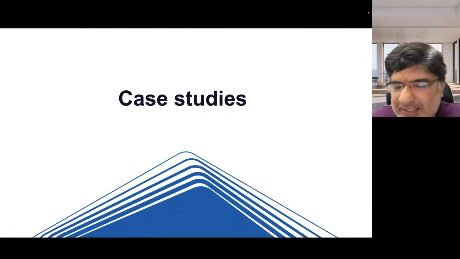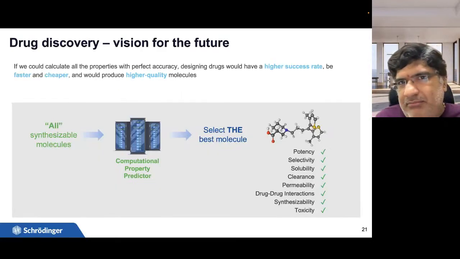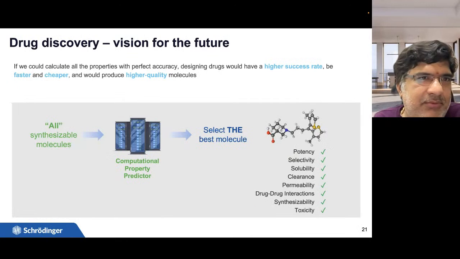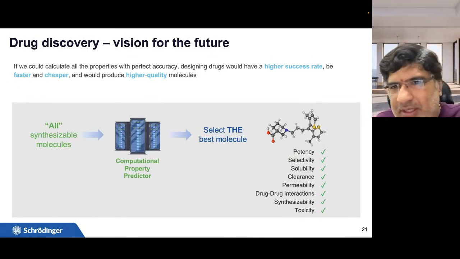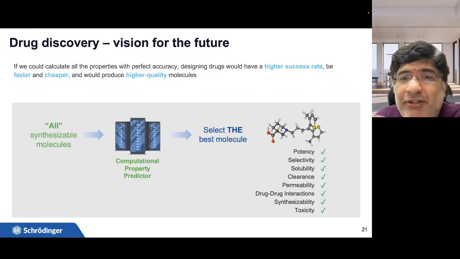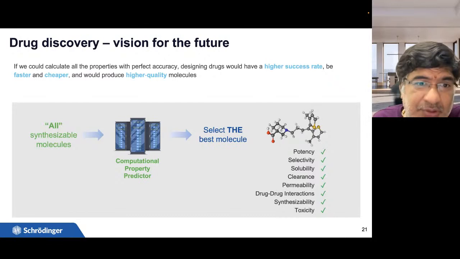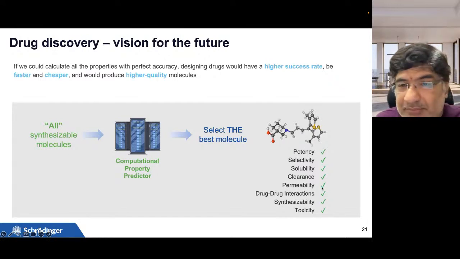Let us try to understand some of the case studies. If we have to use computer aided or computer driven drug discovery tools, then the technology should be really superior. Whatever property prediction you make should be very accurate.